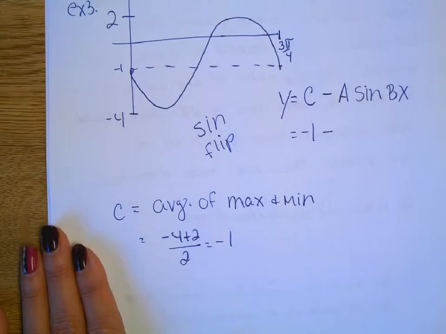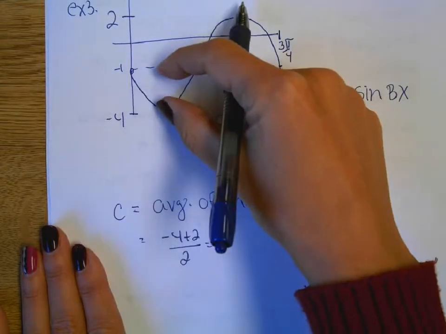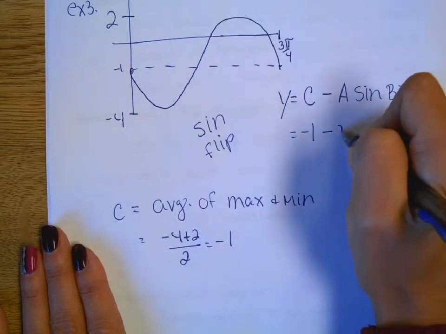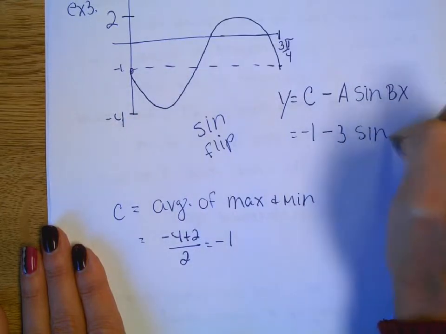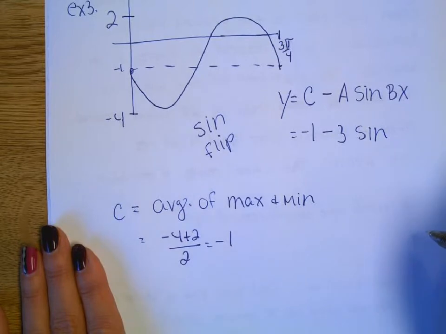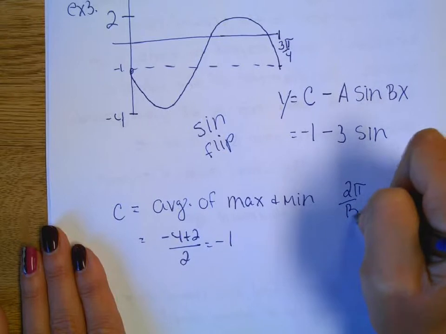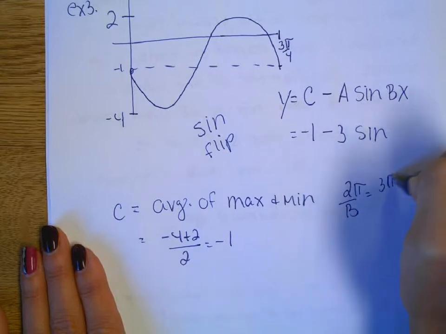Yep, this distance from the axis to the max or the axis to the min, that's a distance of 3. Sine, and then we got to find the b. And that's just that little formula, 2 pi over b has to equal 3 pi over 4.